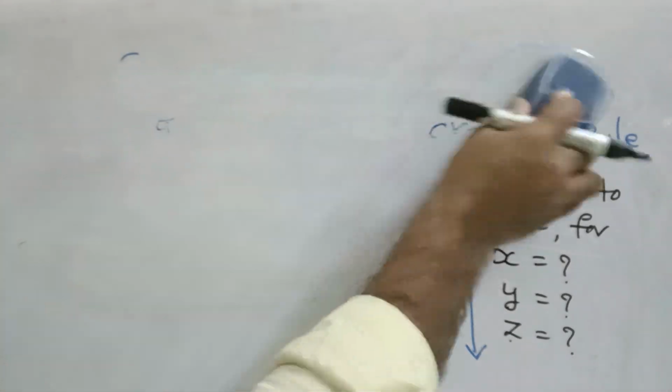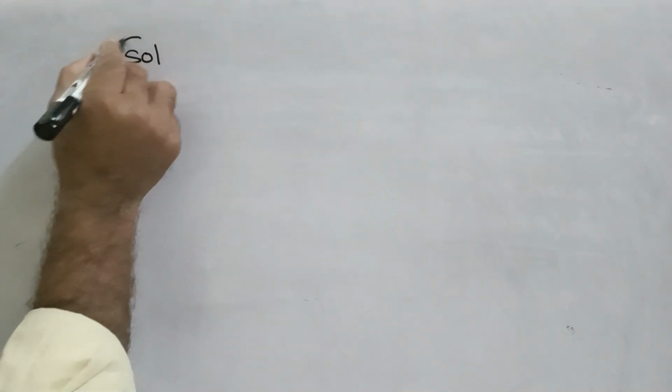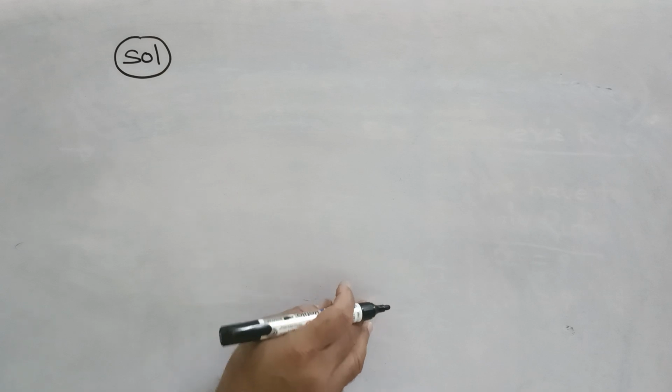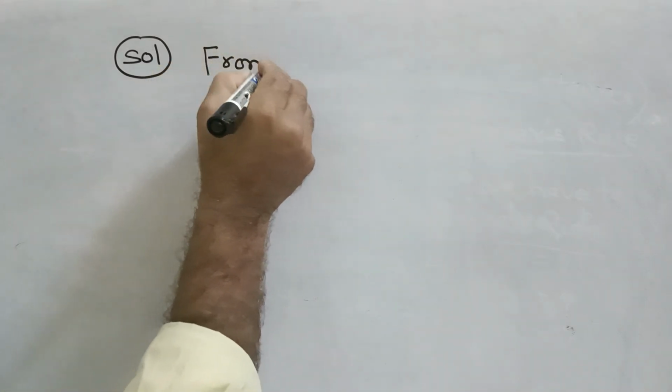I will erase this and write the matrix. So, coming to the solution part, I will write like this. From the given system of equations, you also write the same way.